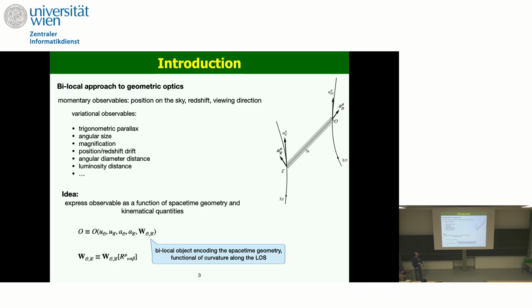But we also need an object which basically encodes the way waves propagate through a kind of narrow tube around our fixed null geodesic. This will be a bilocal object, so an object related to two points. It turns out that you can express it as a functional of the curvature along the line of sight. And this way you can encode any observable of this kind. I will show you how.